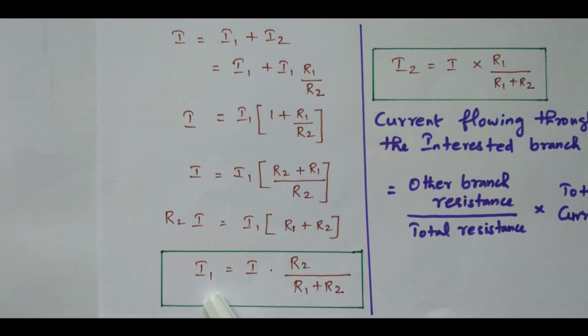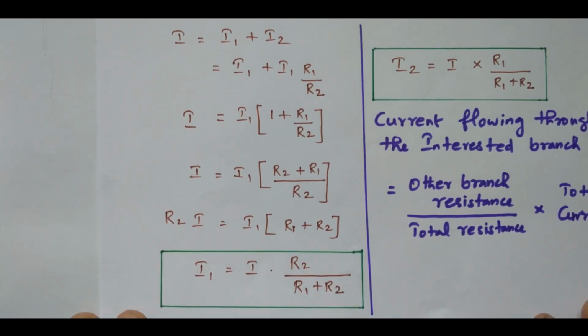This I1 is the current through the R1 resistor, and the other branch resistor is R2, divided by the total resistor. In the case of the voltage divider rule, we multiply by the same resistor; here, we multiply by the other branch resistor. That is the difference. So the current through resistor R1 equals the total current multiplied by the resistor of the other branch, R2, divided by R1 plus R2.